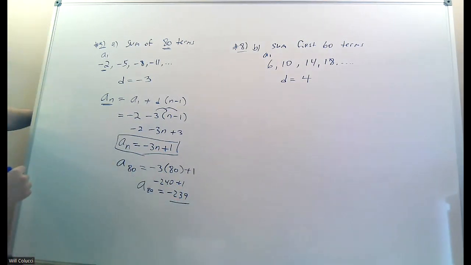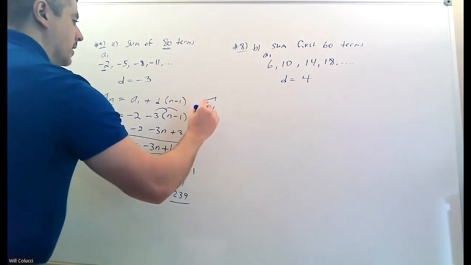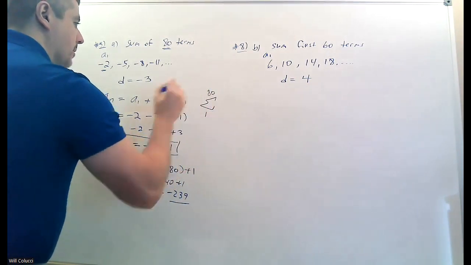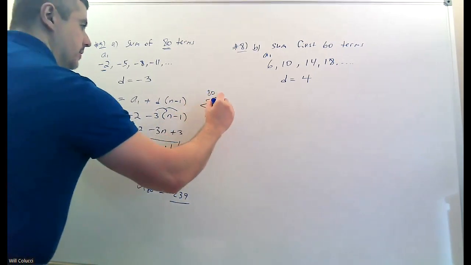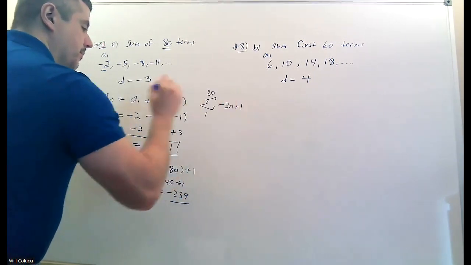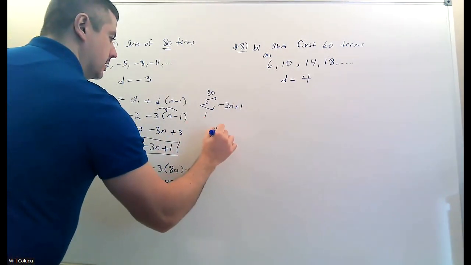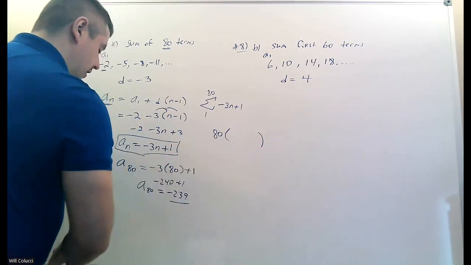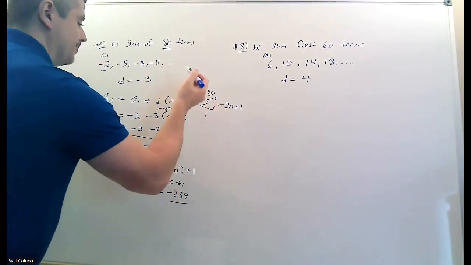Now, if you want the sum, I realize I'm not going to have enough room. I wrote too much. I'll just erase it. So I want the sum of the first 80 numbers in this thing. The way you do that is, I'll write the formula.